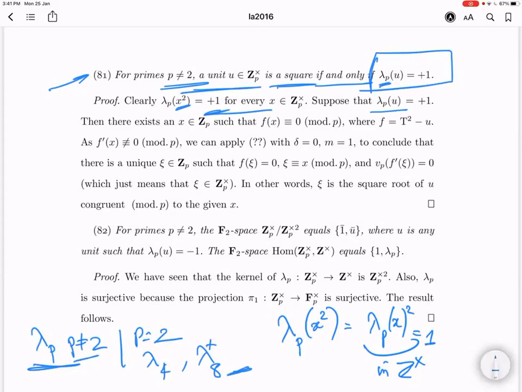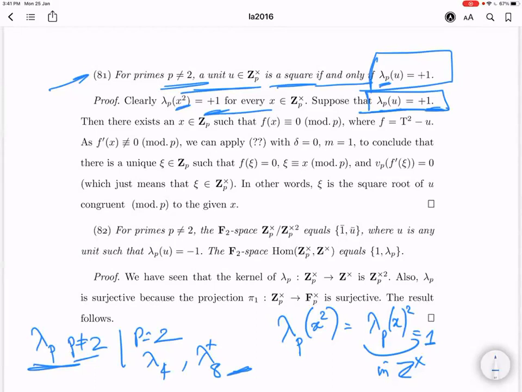The other is the reverse direction. Suppose I have this, then I want to show that u is a square. So suppose lambda p of u is equal to +1. What does that mean?